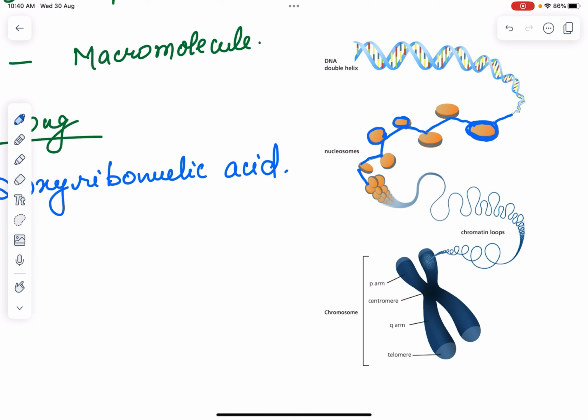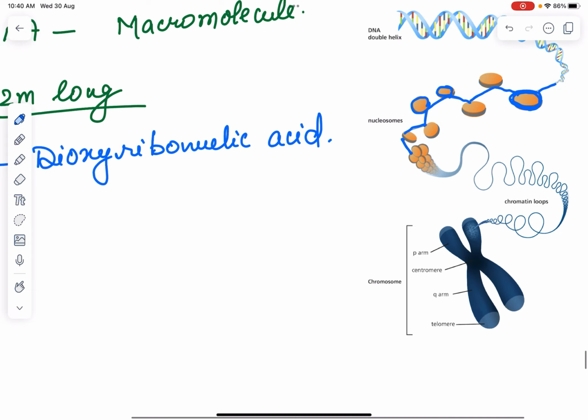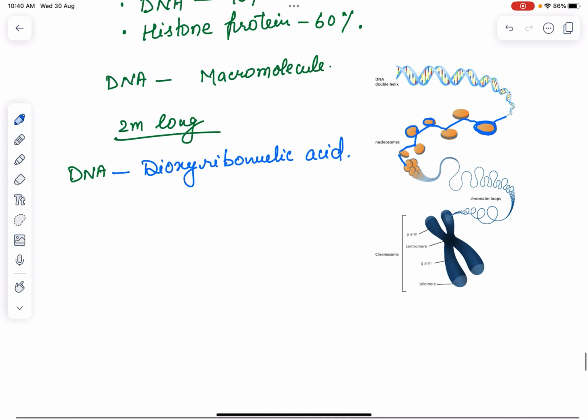Imagine I'm taking a rope and a ball. If we are coiling the ball with the rope like that, the histone protein is like a ball and the rope is the DNA thread. So DNA is coiled with the histone protein.